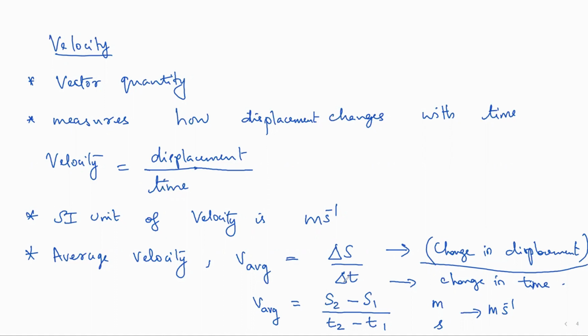Any change we can represent as the difference between the final and the initial. So S2 is the final displacement, S1 is the initial one, T2 is the final time, and T1 is the initial time. The units for displacement are meters and for time are seconds, so the unit for average velocity is meter per second.